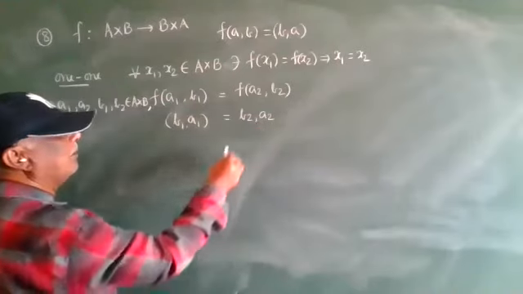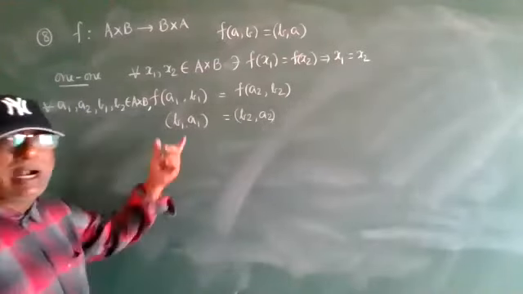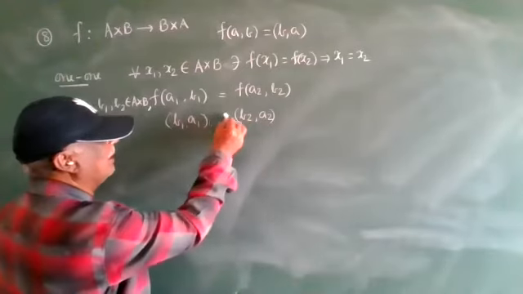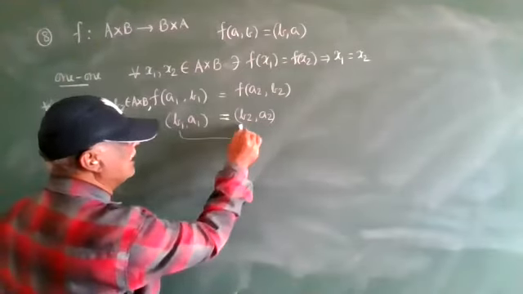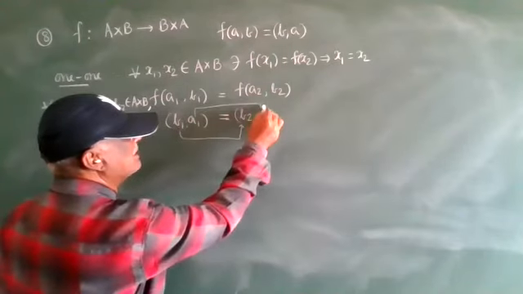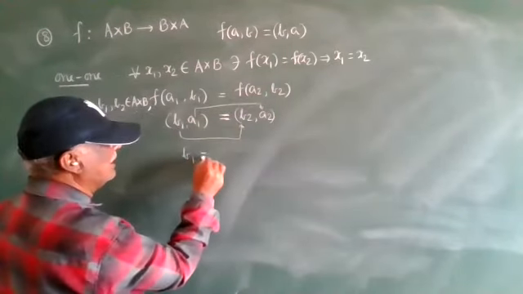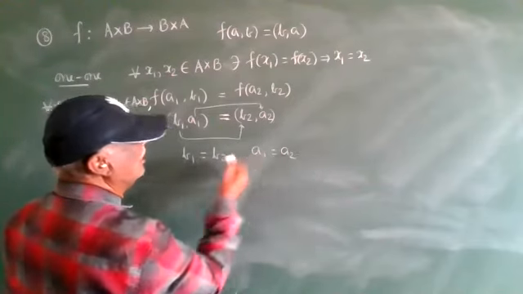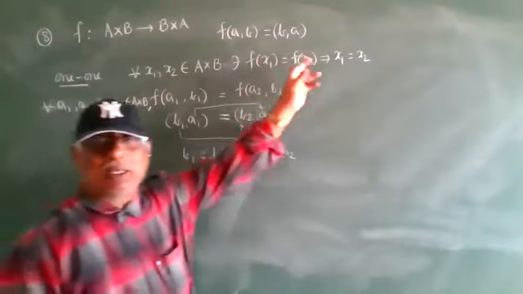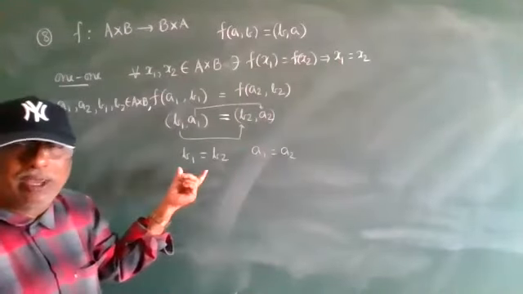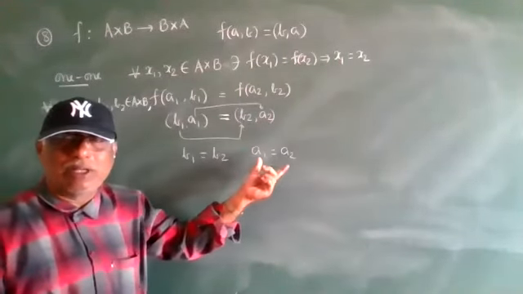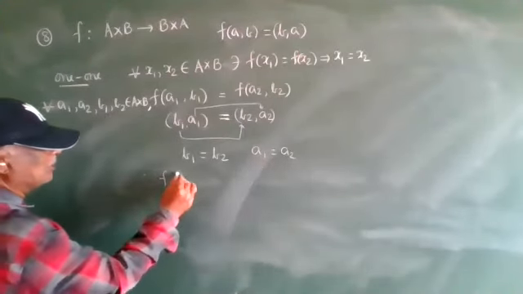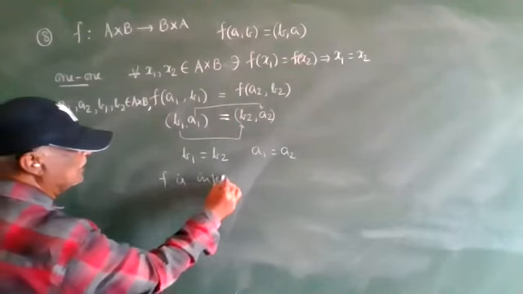Two ordered pairs are equal, so corresponding elements are equal: b1 is equal to b2, a1 is equal to a2. So x1 is equal to x2. Therefore, f is injective.